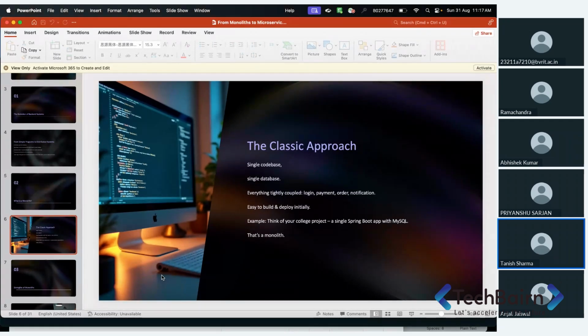There would be only one single project doing all of the things related to the product or the project itself. Another thing is that there would be only a single data connectivity with the single code base. That's a good practice.